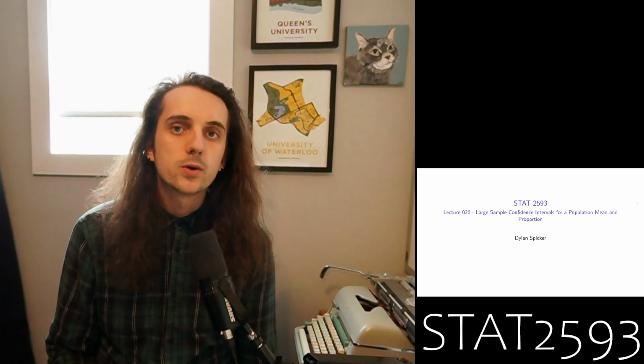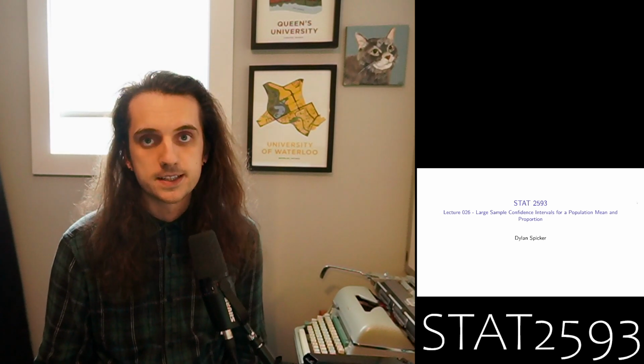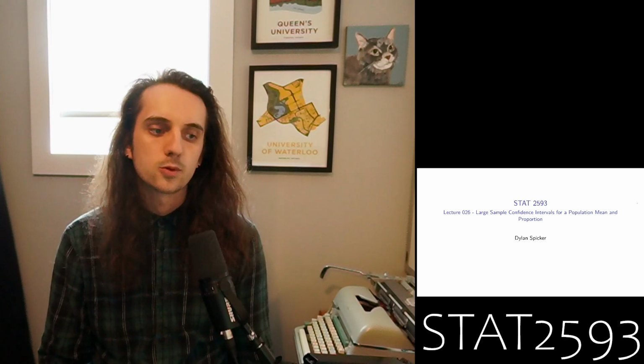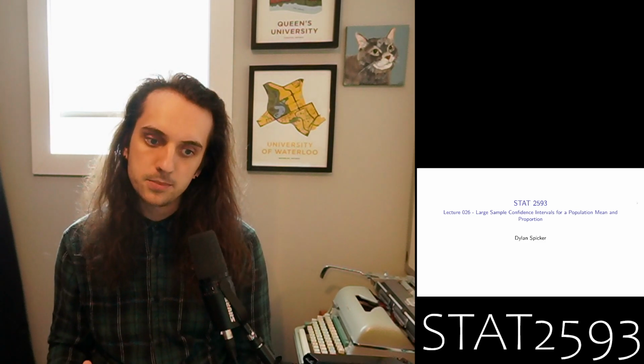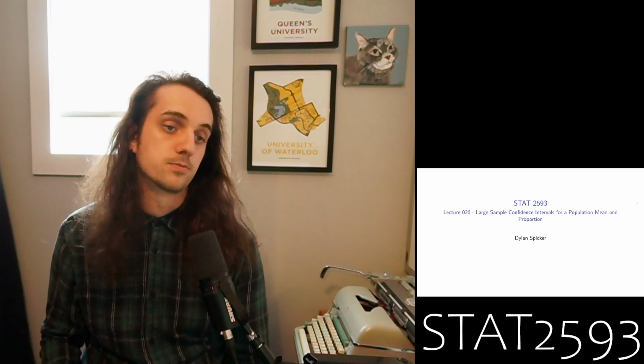In today's lesson, we're going to consider looking at confidence intervals, and in particular, confidence intervals when we have a large sample and we're looking at the population mean or the population proportion.